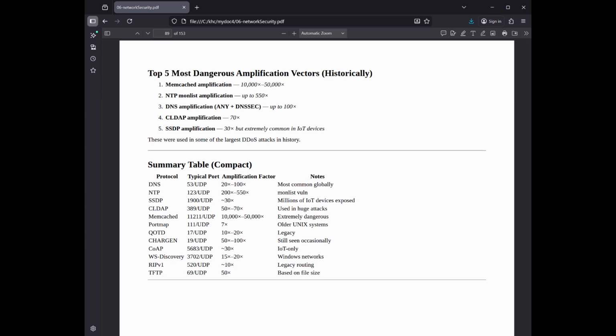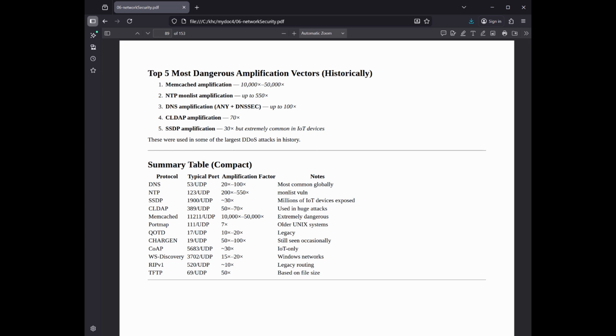Memcached, 11211/UDP, 10,000 times, 50,000 times, extremely dangerous. Portmap, 111/UDP, 7 times, older Unix systems. QOTD, 17/UDP, 10 times, 20 times, legacy. Chargen, 19/UDP, 50 times, 100 times, still seen occasionally. CoAP, 5683/UDP, 30 times, IoT only. WS-Discovery, 3702/UDP, 15 times, 20 times, Windows networks.